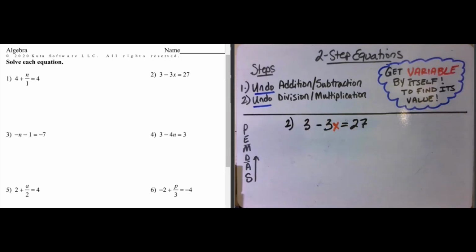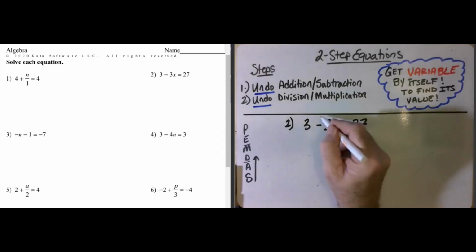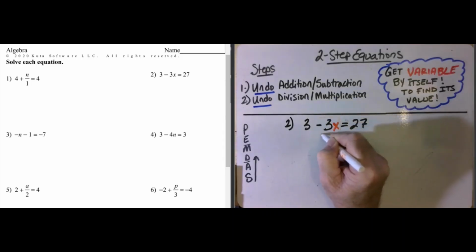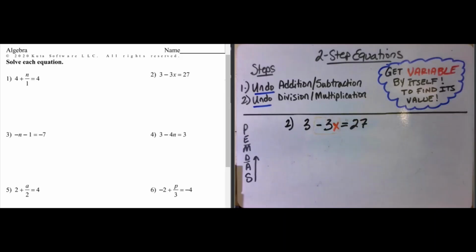You might not want to actually put a square around it, but in your mind you should identify that term and say, there is our variable term. And we want to get that.